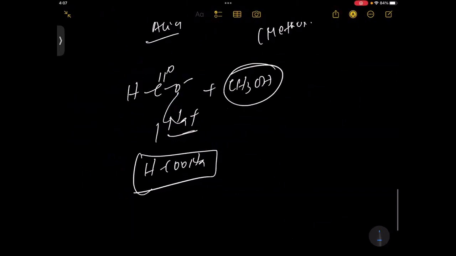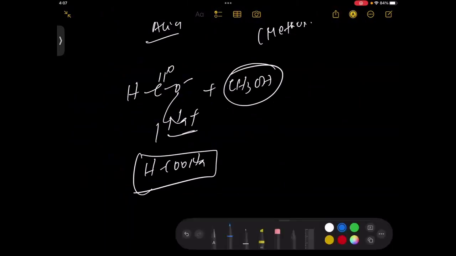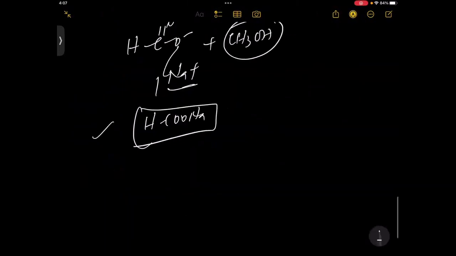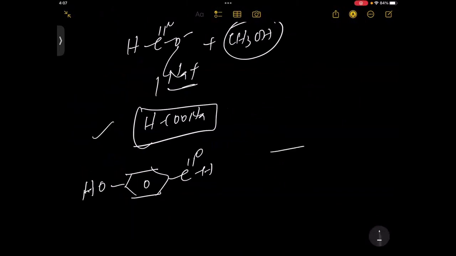Now, through the mechanism, one more thing you can understand here. Students, now see here, we have compounds like formaldehyde and benzaldehyde, along with an OH group attached at the para position. Nucleophilic addition increases when an electron withdrawing group is there.